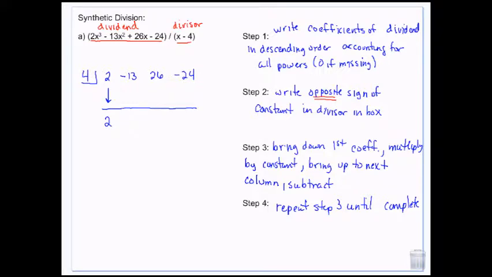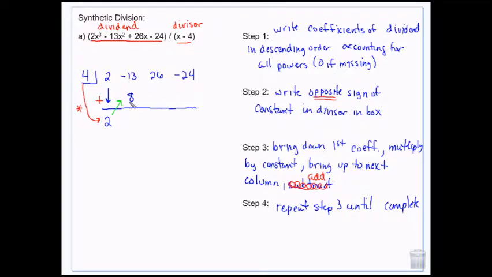Oh, not subtract. Sorry, I wrote subtract, I meant add. Okay. I bring this number down and I multiply. On this row, I'm always multiplying. I'm going to do like a star like that for multiplication. And on this row, I'm adding. So 4 times 2 is 8.